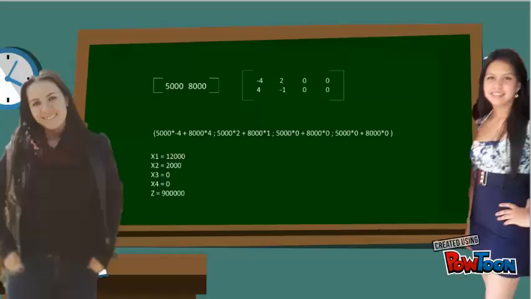Then we multiply 5,000 by minus 4 plus 8,000 by 4. As a result we have X1 equal 12,000, X2 equal 1,000, X3 equal to 0, X4 equal to 0, C equal to net.